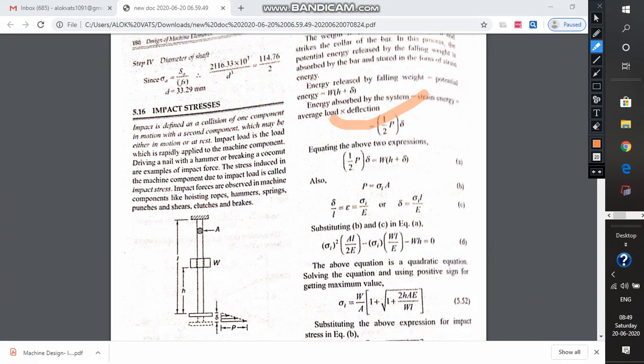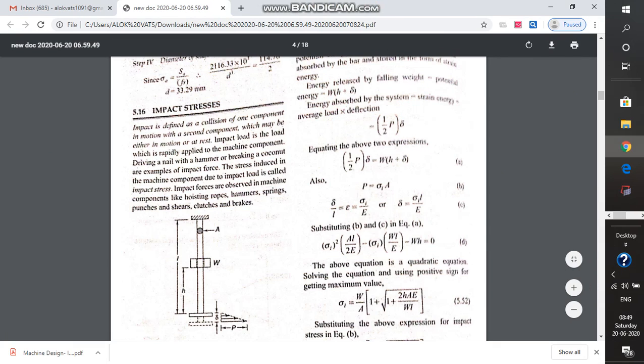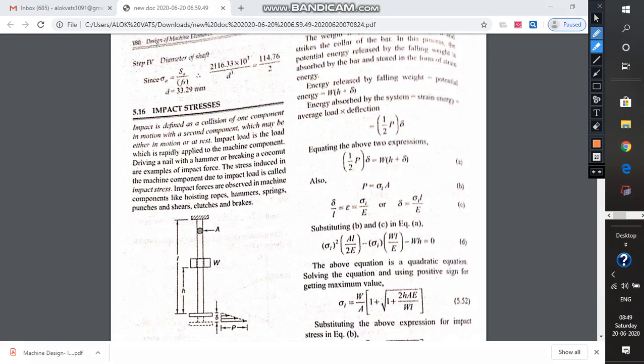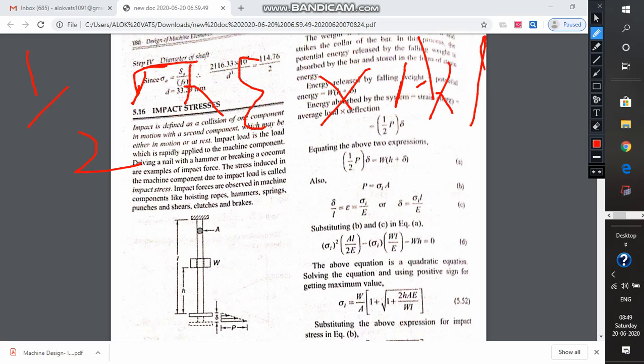The energy absorbed by the system, the work done on the particular component, is stored as the strain energy in that component, and the strain energy is given by half into stress into strain into volume, and volume is area into L. And this formula ultimately leads to this formula.